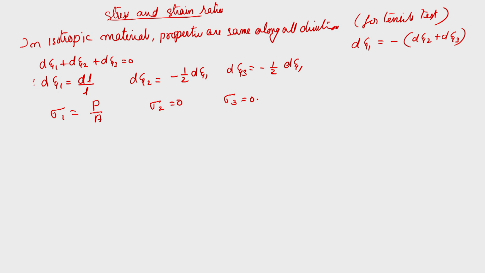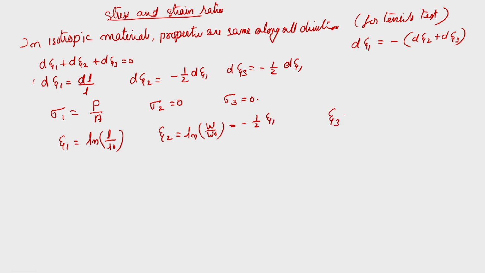If you integrate these equations, d epsilon 1, d epsilon 2 and d epsilon 3, you will get epsilon 1 is equal to log L by L naught. Epsilon 2 is equal to log W by W naught, and that is equal to minus half epsilon 1.